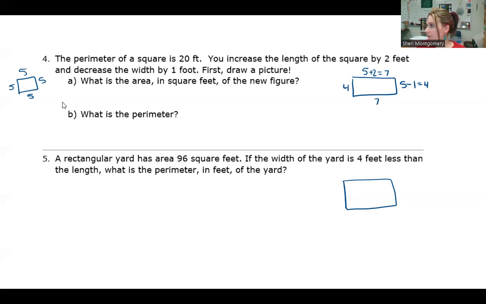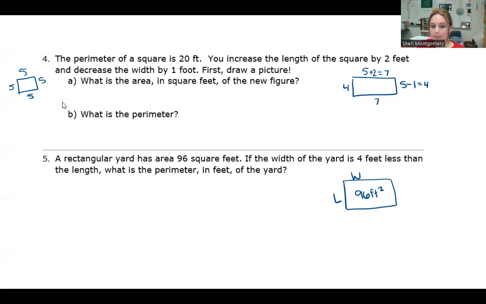I know that my rectangle has a length and a width. It doesn't matter where we put them, we just got to label it somewhere. It also says that the area is 96 square feet. So all of it on the inside is 96 feet squared. So that's the area, the inside.